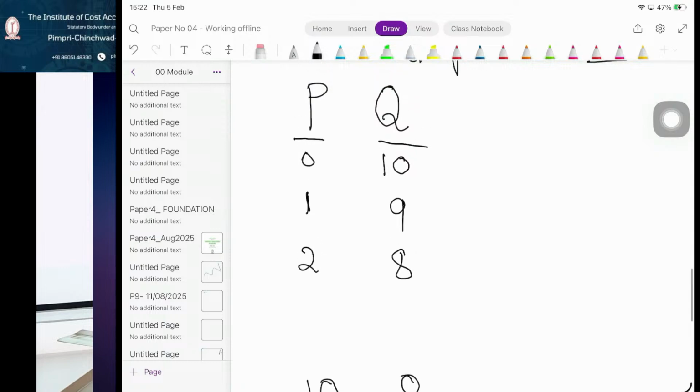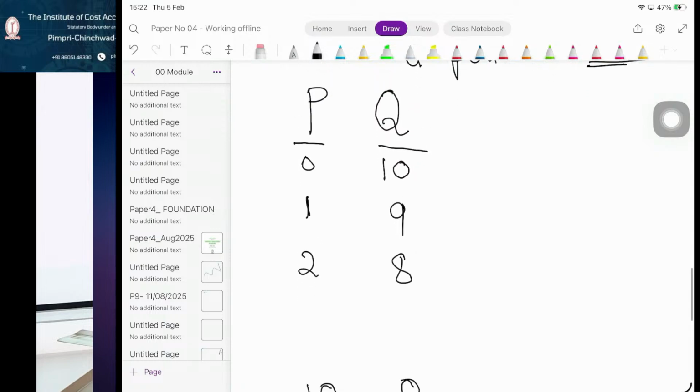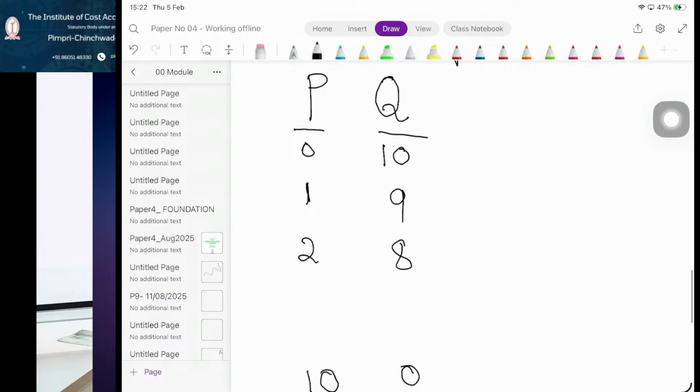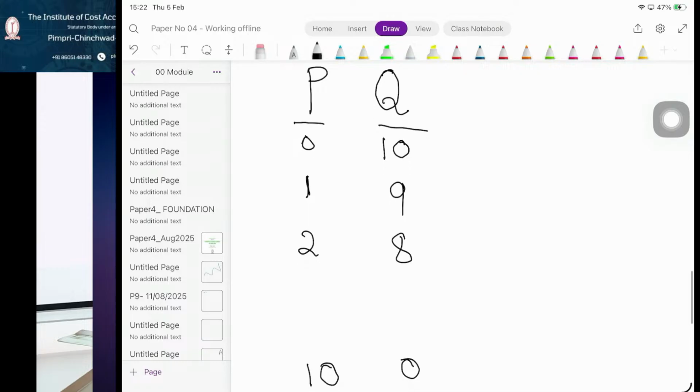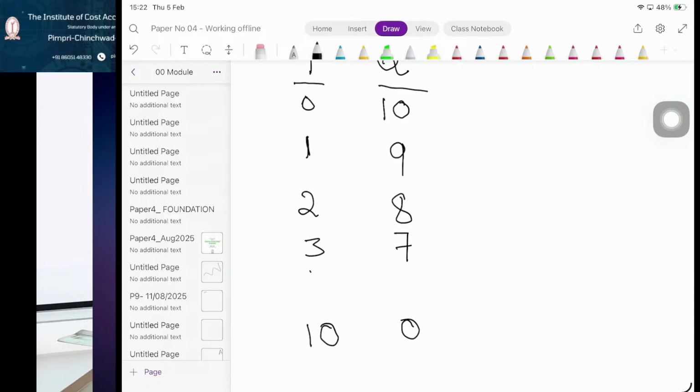This is called a demand schedule. Oh, very good, you've completed. That's amazing. At 3, it is 7. At 4, it will be 6.